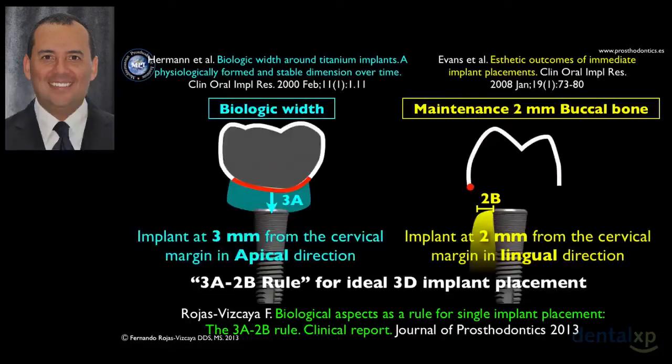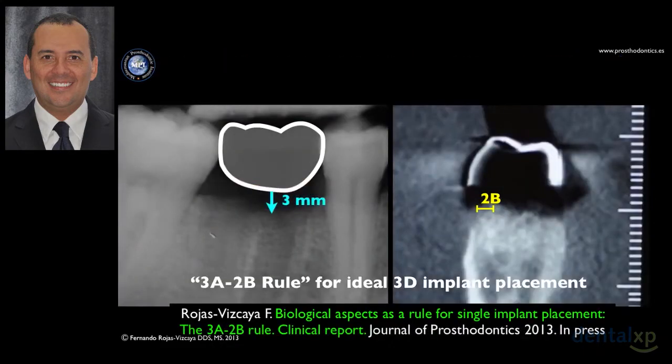3A2B. But if you check this slide, the only way to place the implant in relation to this crown and obtain 3A2B, like I showed you, is if we have enough bone and in the perfect position, like in this situation.